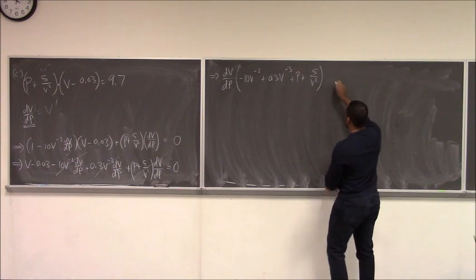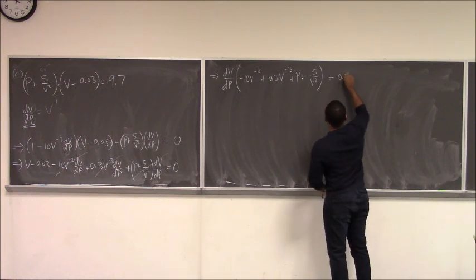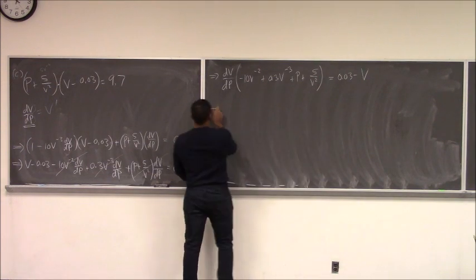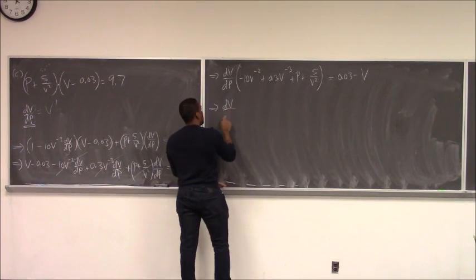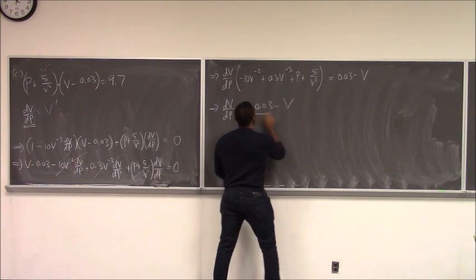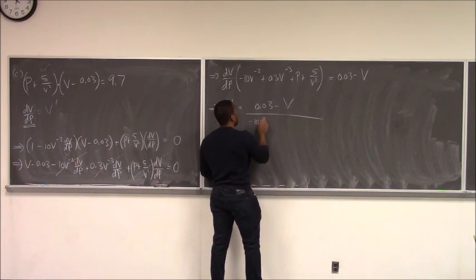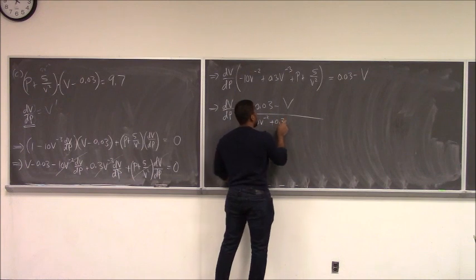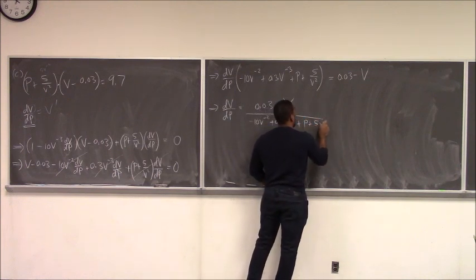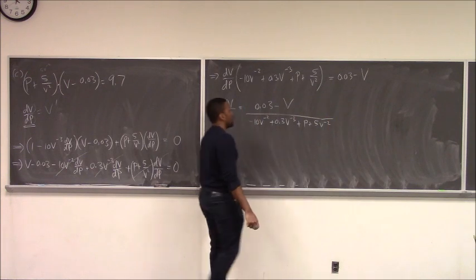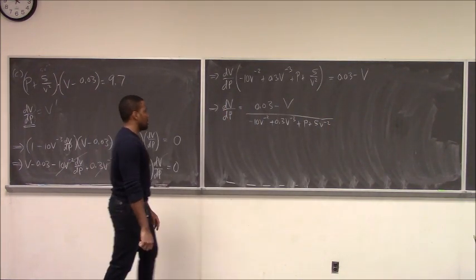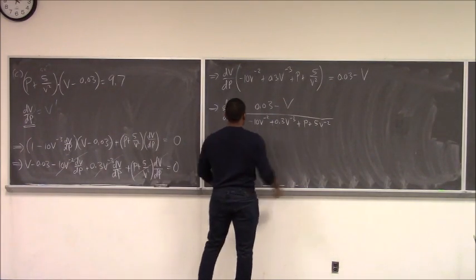And then I bring the other side to the other side, 0.03 minus v. And so I'll be able to say dv dp, which can combine these, I guess.